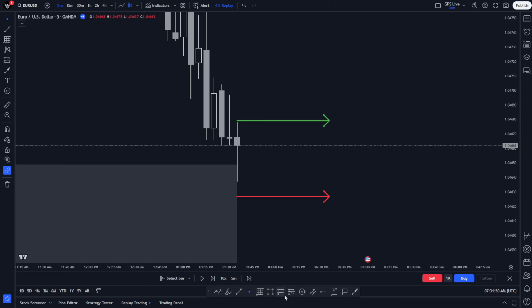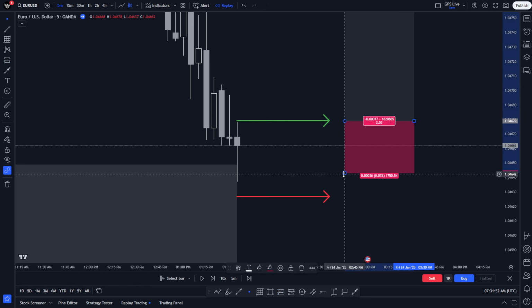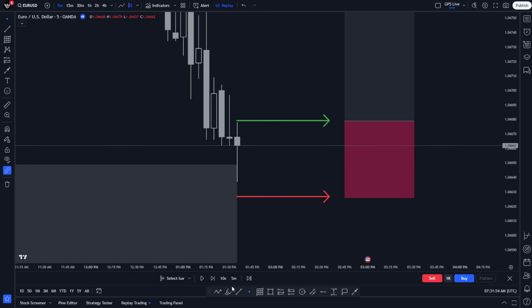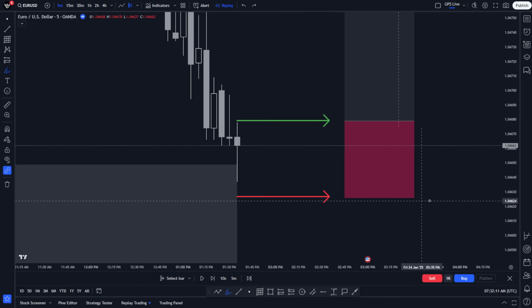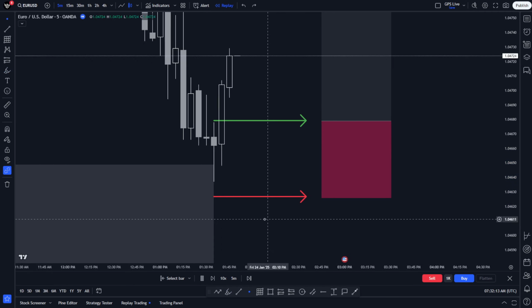Okay, so I'll just replicate this with a long entry. So entry is right here, our SL is right here. If the market proceeds to break this low of this candle, you once again repeat the exact same process. For the next candle, you put the entry on top of the candle and stop loss below the candle. Okay, so let's see how this turns out.